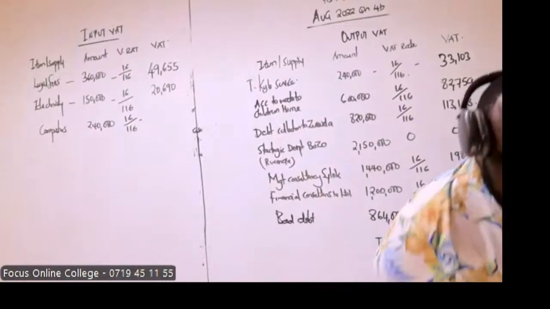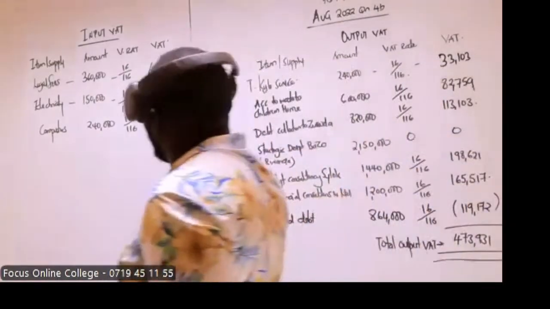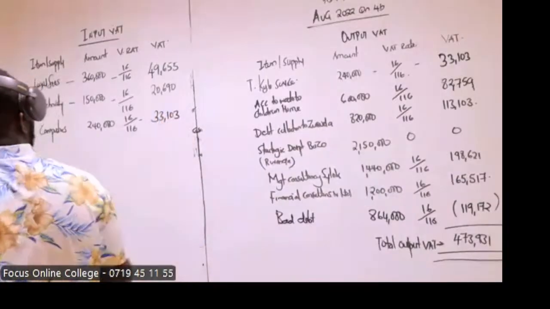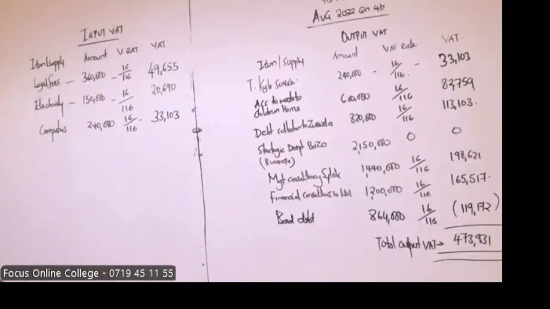So you have it as 33,103. Then we say that Zawadi Associates paid rent for the month of November amounting.